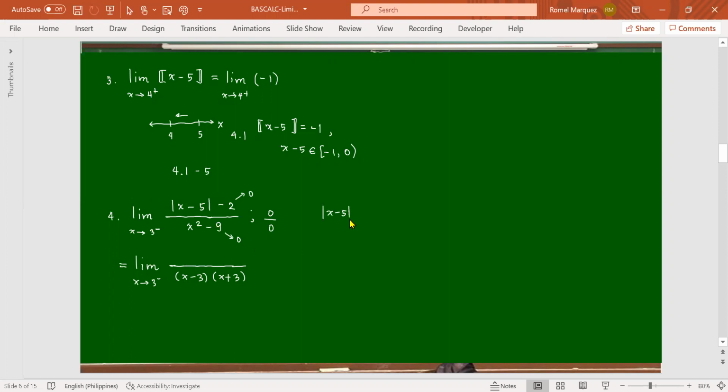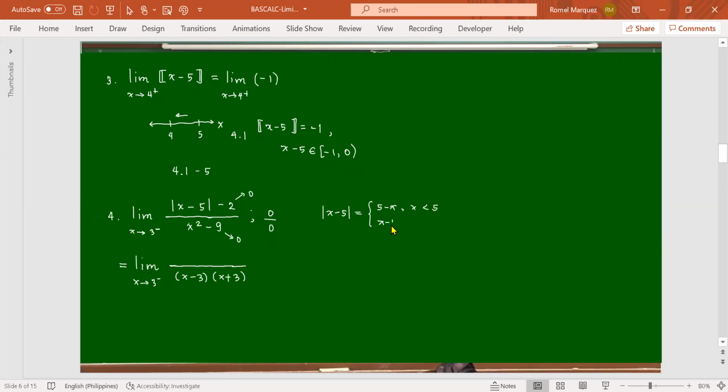Anong absolute value ng x minus 5? Kapag ang x mo is to the left ng 3. Ito muna. Anong absolute value nito? It is 5 minus x, negation niya, negative of this, kapag ang x natin is what? To the left ng 5. Tama ba?